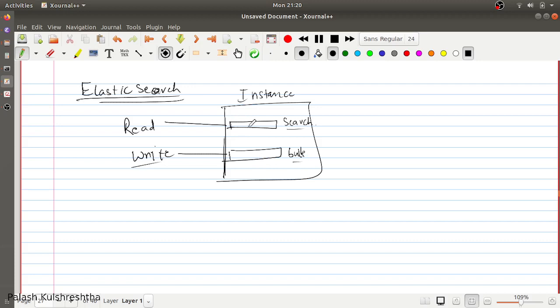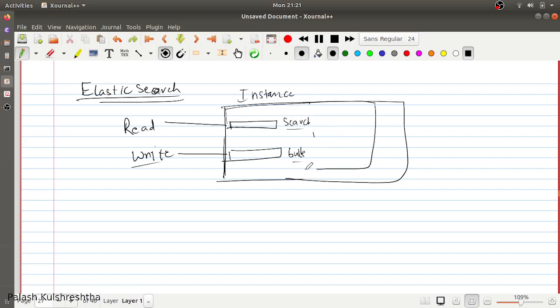So all these requests are first sent to their respective queues, and as per the Elasticsearch bandwidth, they are consumed by Elasticsearch. So for example, let's suppose this is your service and this is your ES, this is all part of ES.